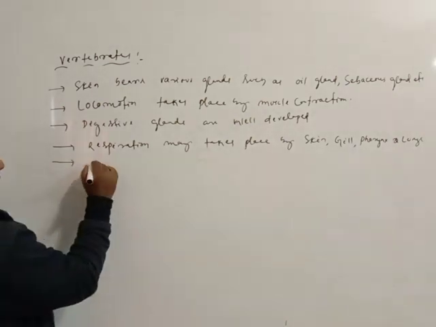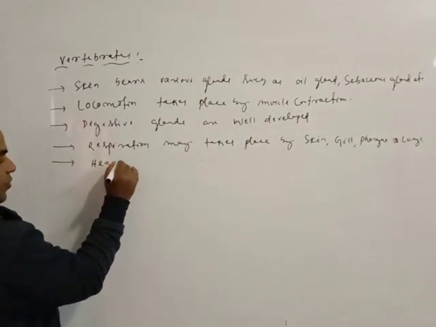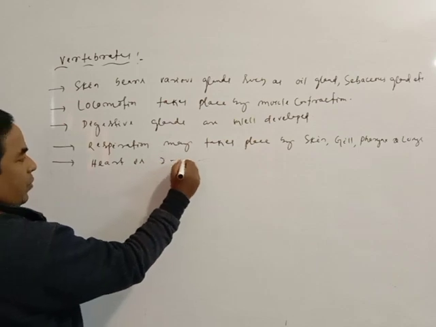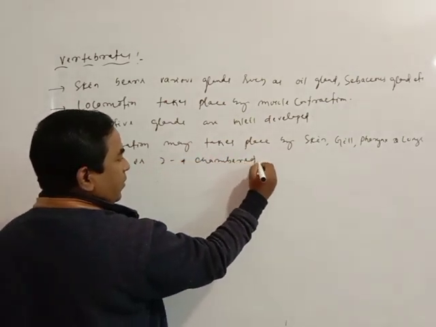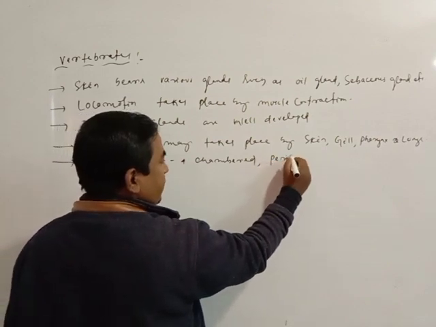Next, heart is 2 to 4 chamber. Pericardium is present.